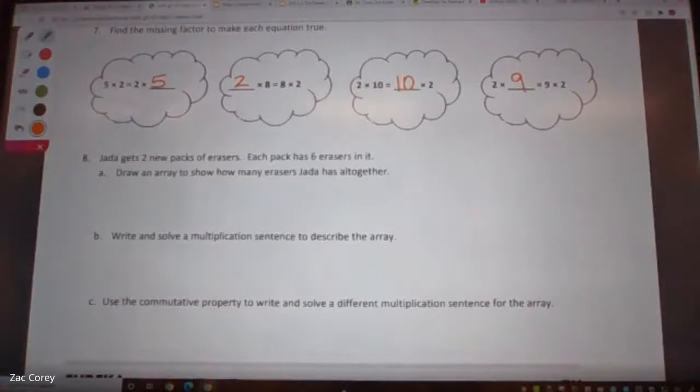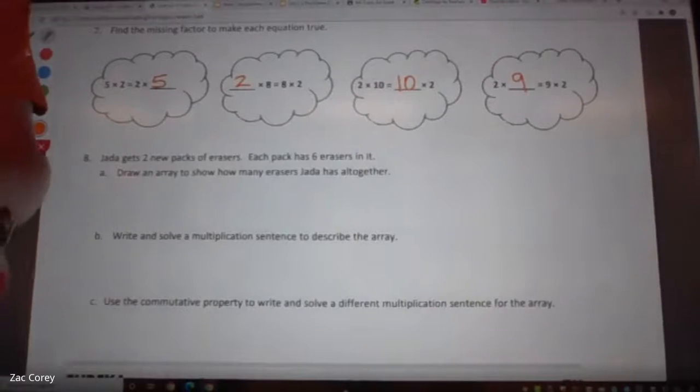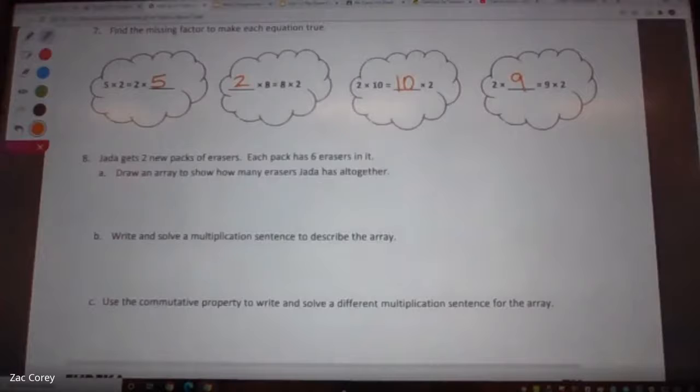All right, one more question left. Number 8. Sorry, let me turn the page here. Number 8 says, Jada gets 2 packs of erasers. Each pack has 6 erasers in it. This one says, draw an array to show how many erasers Jada has all together.